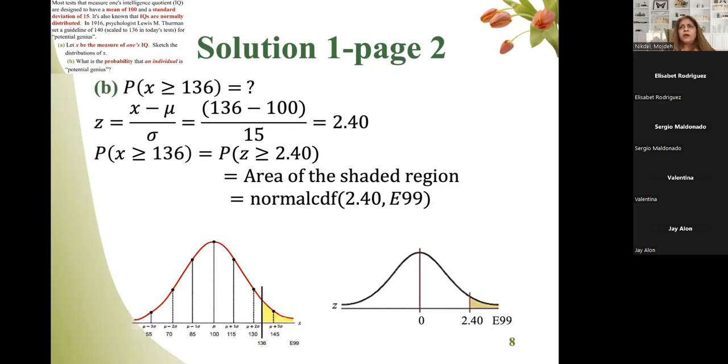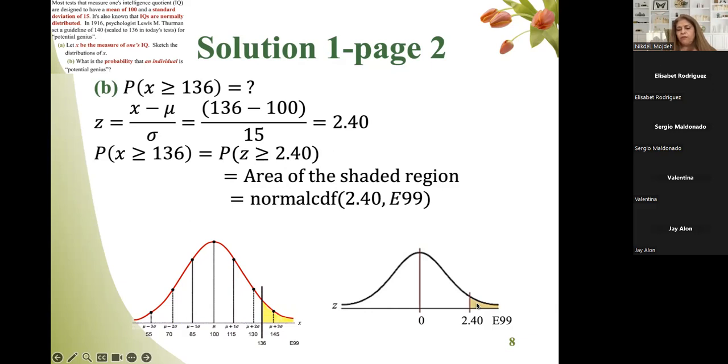Z is how far away from the middle you are. If you have one Z, it is one side of your region, one wall, and the other side is infinity. Z is always the bound of your region. If you have two Z's, you have two bounds, left and right. If you have one Z, it is either the left or the right bound. Normal CDF gives you the area under the region.